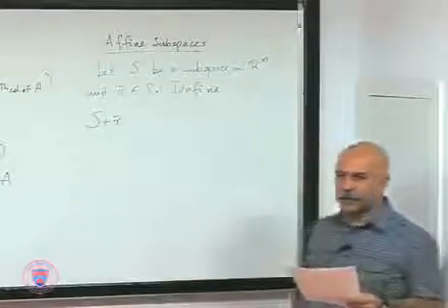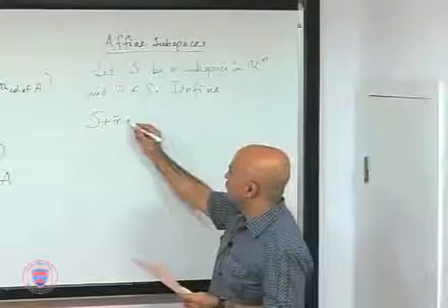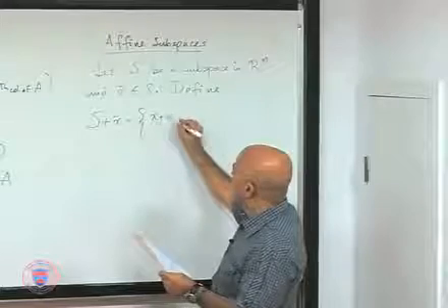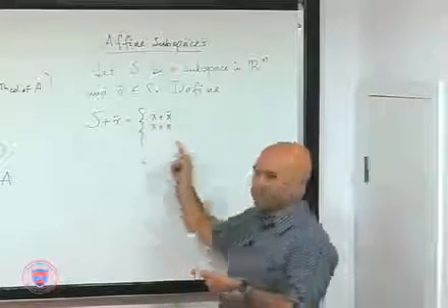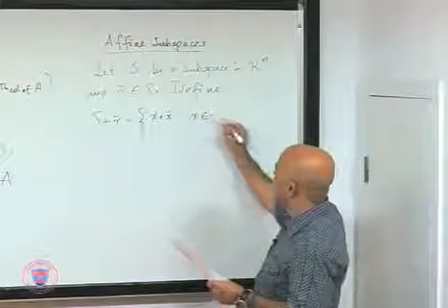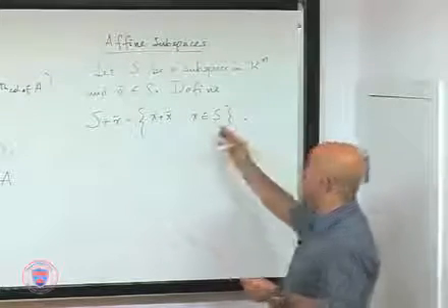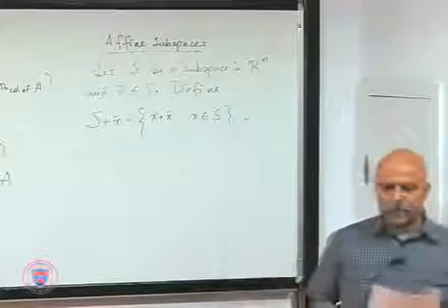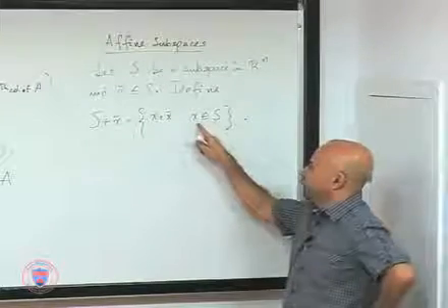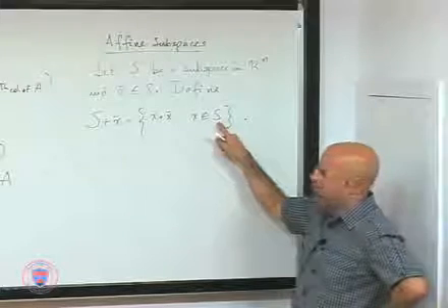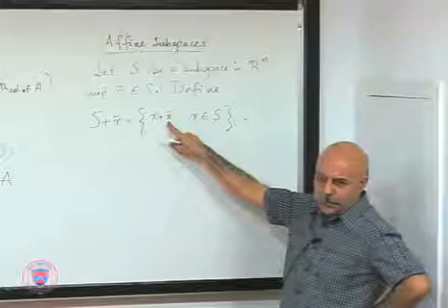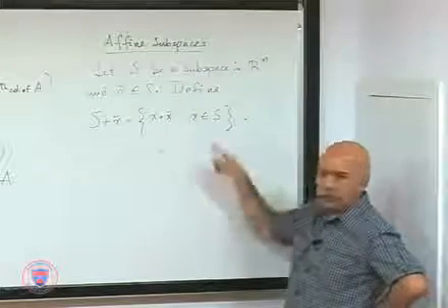It consists of all points of the form x plus x bar, where x comes from the subspace S. So you pick any point in the subspace, you add to it the fixed point x bar, and that's the new set.